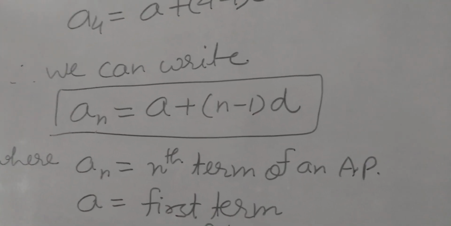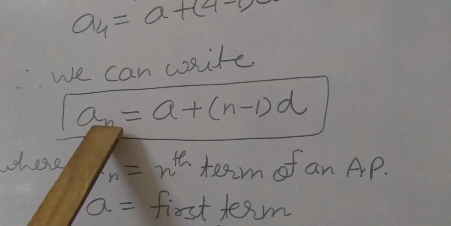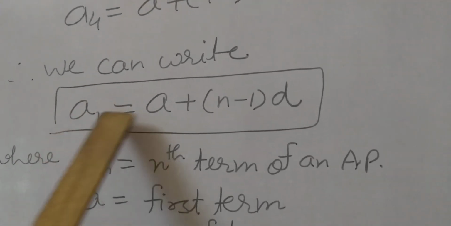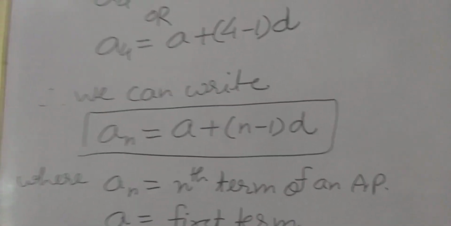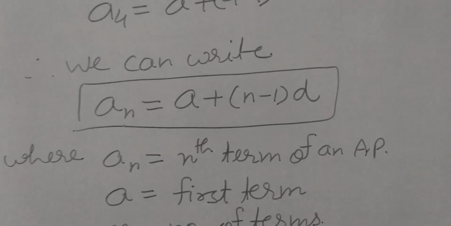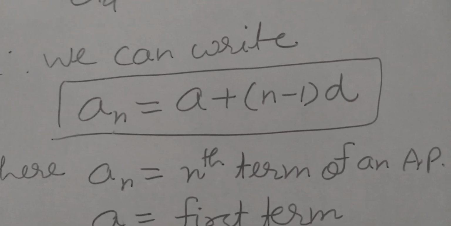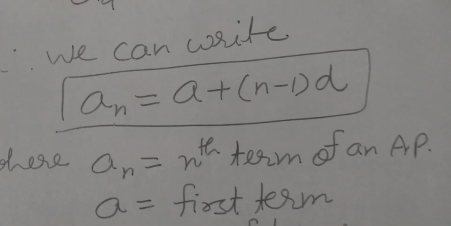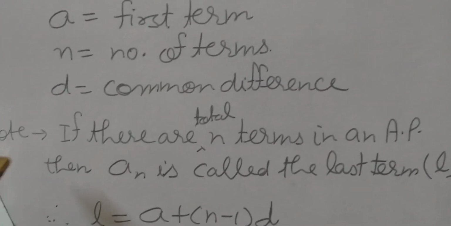Correct, students? So this is the nth term formula. It contains 4 things: An, A, n and D. Three things will be given to us and we can easily obtain the fourth one. Let us solve some questions, and one more thing is there.